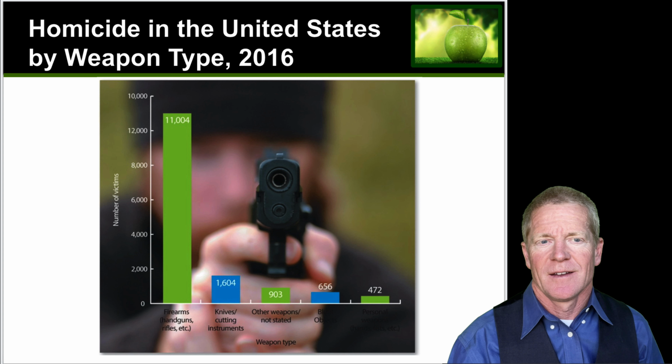In the United States, homicides are typically committed using weapons. Firearms are by far the most common weapon used in homicides. Even with tight gun control laws in the state of California, it is still very easy to obtain firearms.